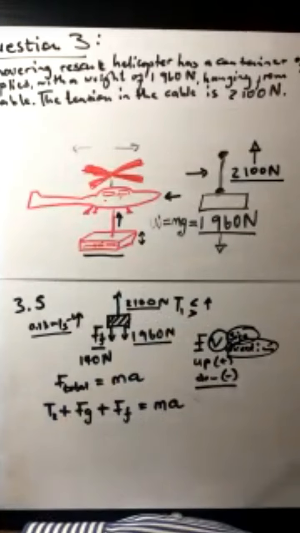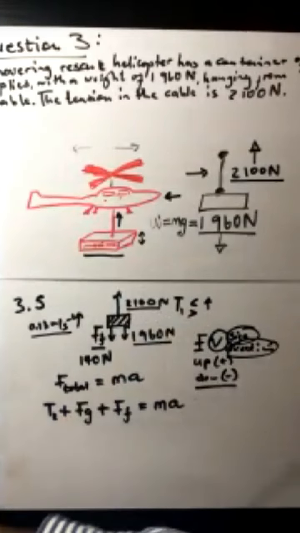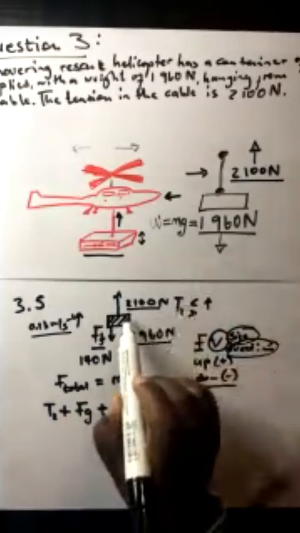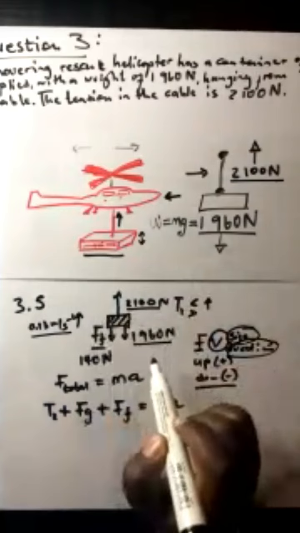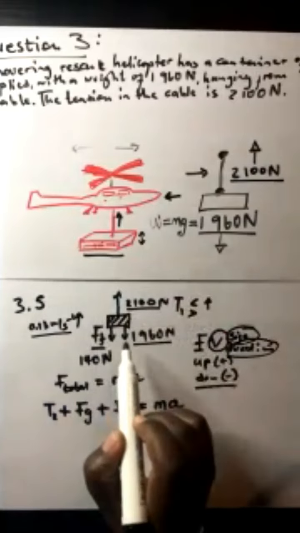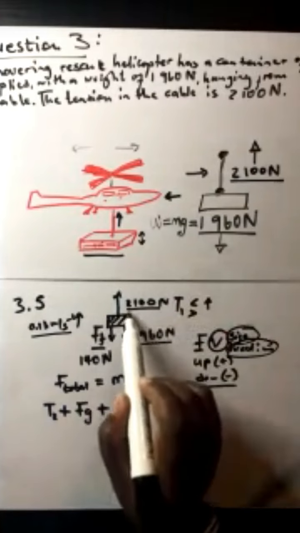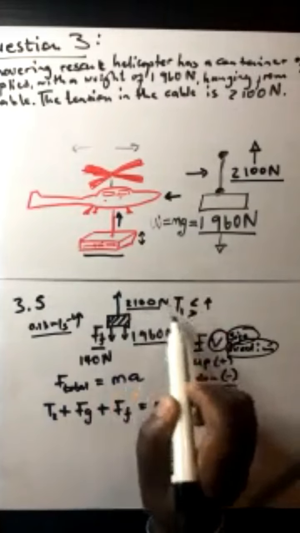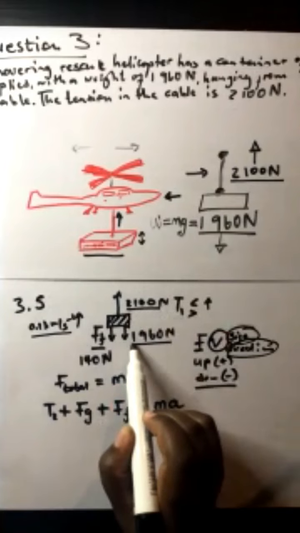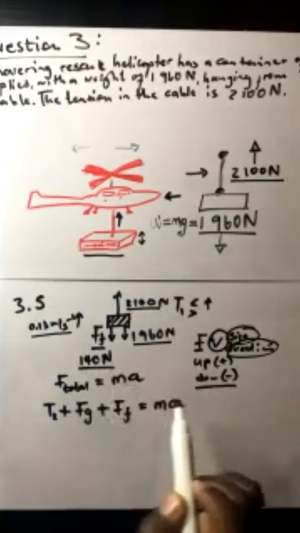No, sir. Okay, so remember, tension number 1 is when this object is not moving. If you attended this lesson from the beginning, you'll remember that we indicated that the initial tension is 2,100 and is being balanced by that weight and this force of friction.